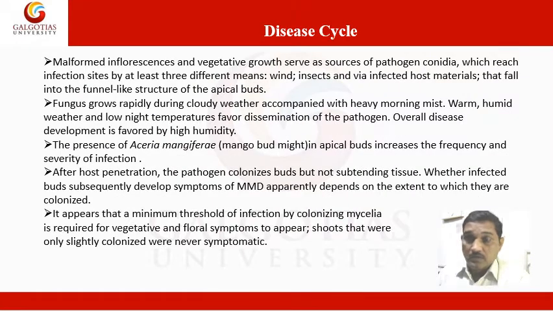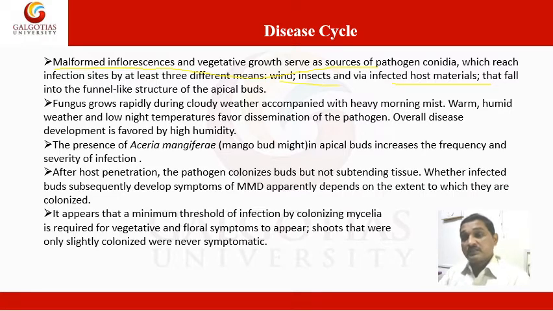Now, the disease cycle: how the pathogen continues its life cycle from one season to another, and how it spreads from one place to another or one plant to another. Malformed inflorescences and vegetative growth serve as a source of the pathogen's conidia, which reach the infection site by at least three different means: wind, insects, and infected host material that falls into the funnel-like structure of the apical buds.